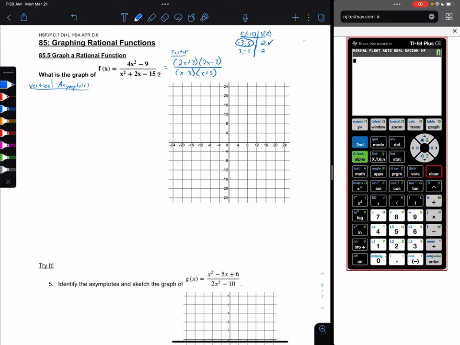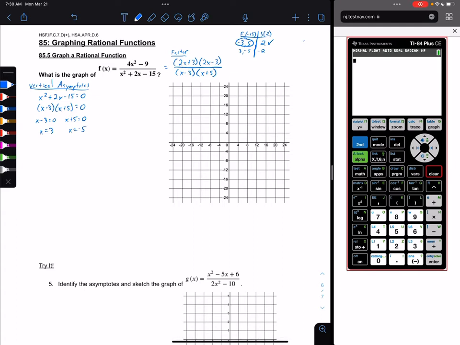To find the vertical asymptotes, we take our denominator and set it equal to 0. We've already factored this, so we'll just write the factored form. The zero product property tells me I can take each of the expressions in parentheses and set each one equal to 0. So I'd get x equals 3 and x equals negative 5.